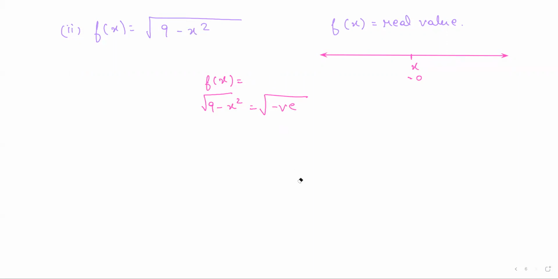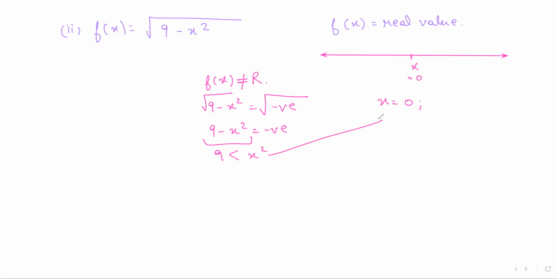When will f of x not be a real value? It will not be a real value when there is a negative value under the root, which means 9 minus x square is negative. Now, this difference is negative when 9 is less than x square, or x square is greater than 9.